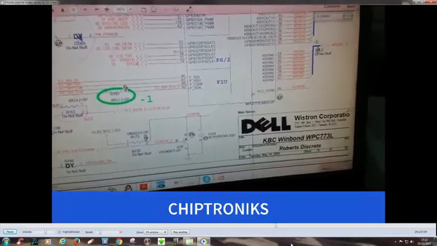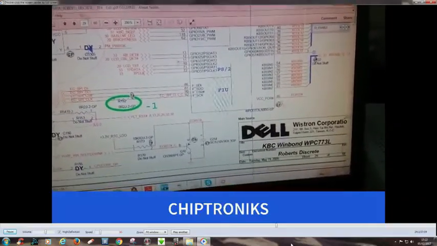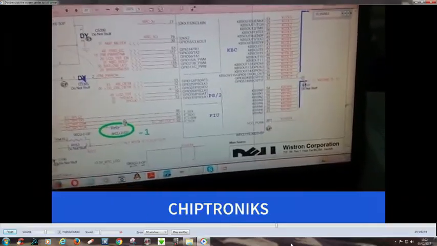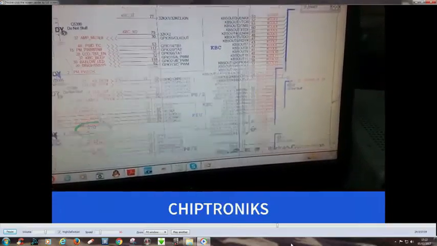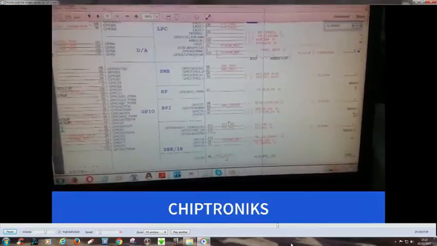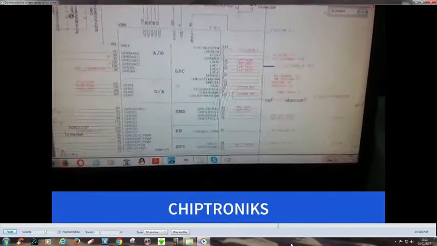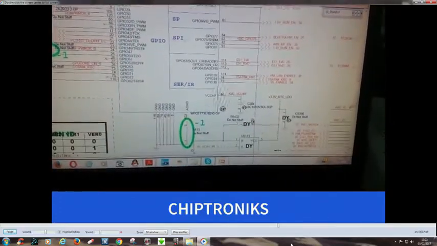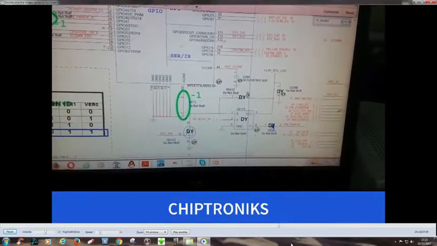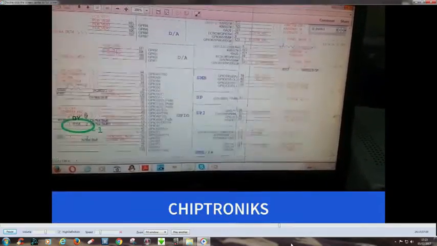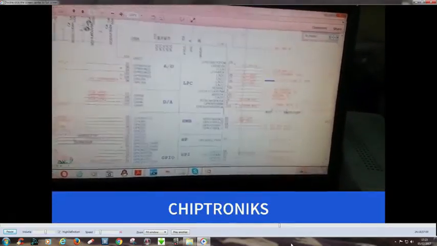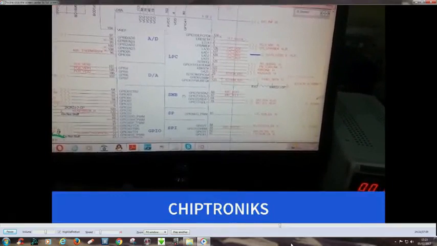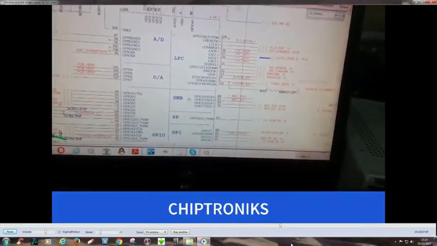So we'll check in the motherboard also all these three signals. So what we have to check? We have to check for EC reset, the supply, and the clock also. We have to check whether this IO controller is communicating with the BIOS also. So four things we'll check over here.